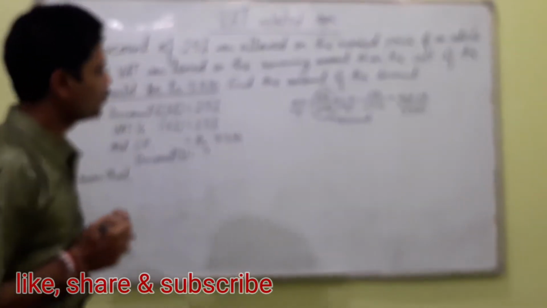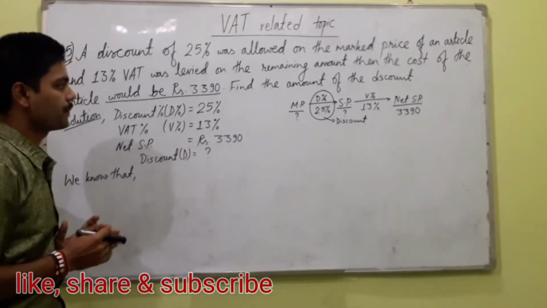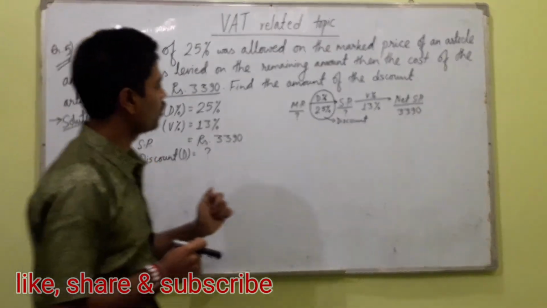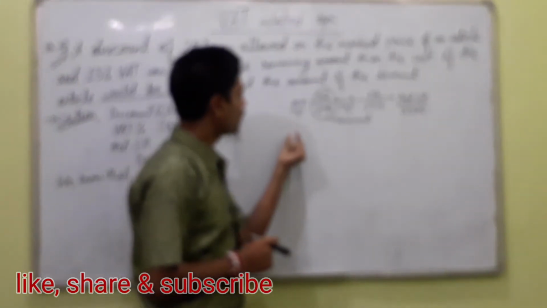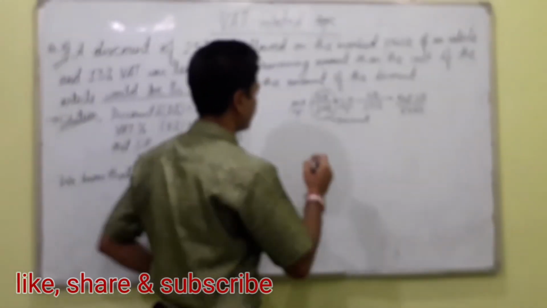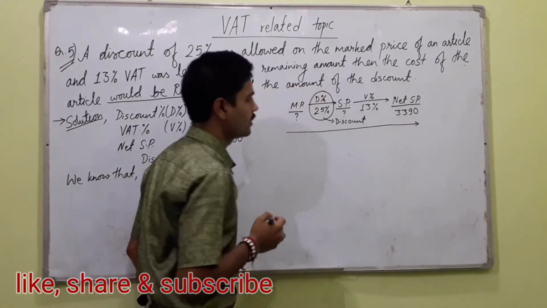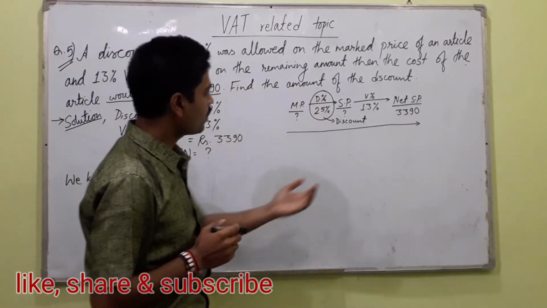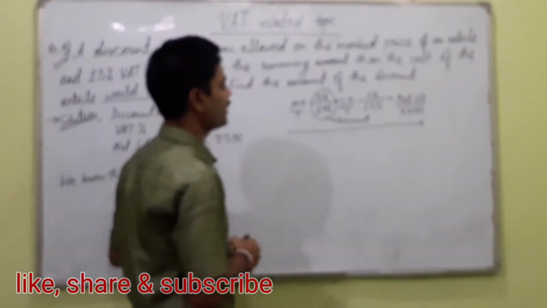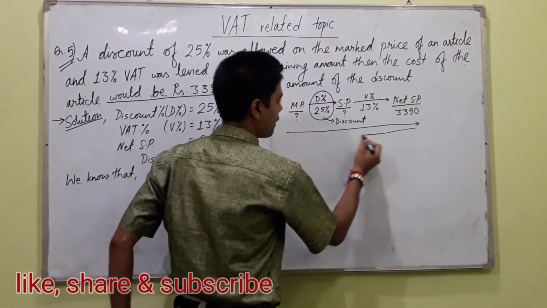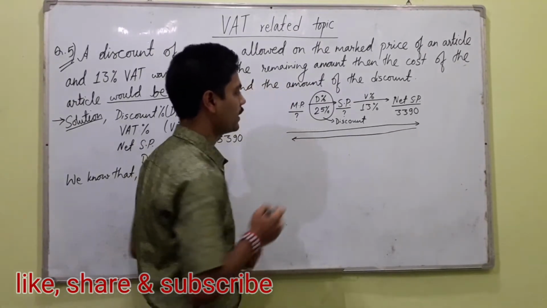Now I want to make you analyze the question. In the previous question number 4, we went in ascending order, from mark price to the net selling price. Now we have to come in the descending order from net selling price to the mark price. But why?